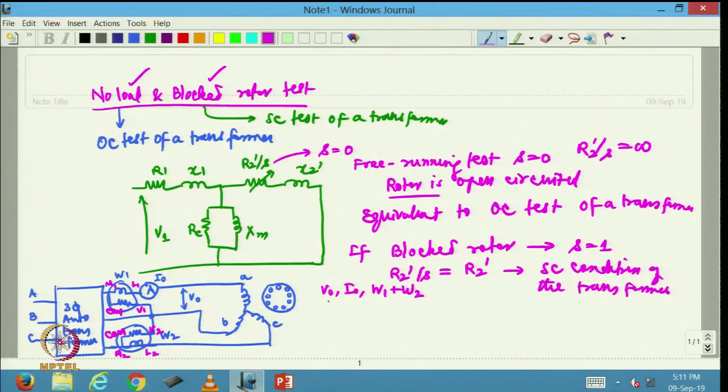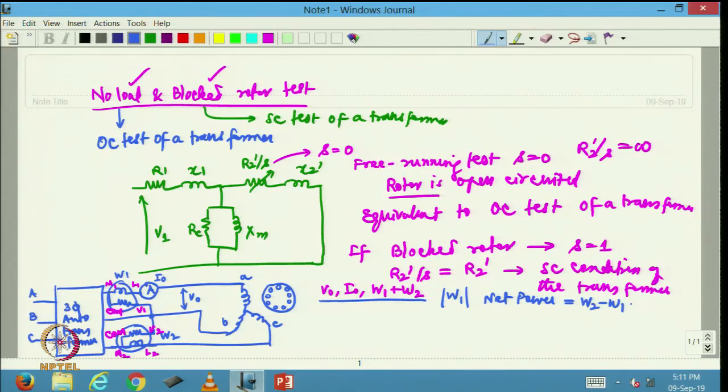Most of the times when the induction motor is not loaded, one of the wattmeters might kick back, that is, the needle of this wattmeter will go below 0, in which case I have to reverse the current coil and note down W1 as the magnitude, whatever it is. After the current coil is reversed, I will be able to note down the reading, but the net power under this condition I have to note down as W2 minus W1, because I have reversed the current coil and have to take this reading as negative.